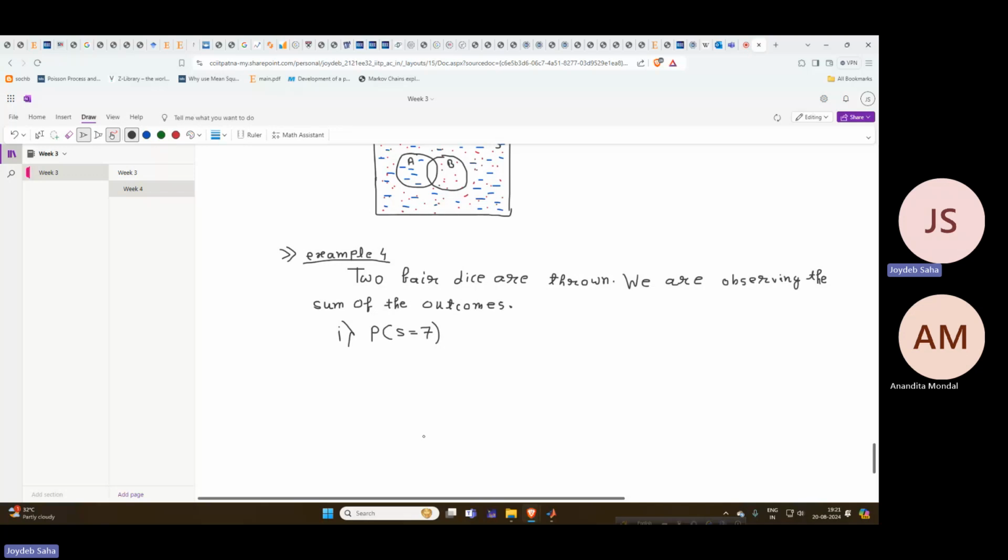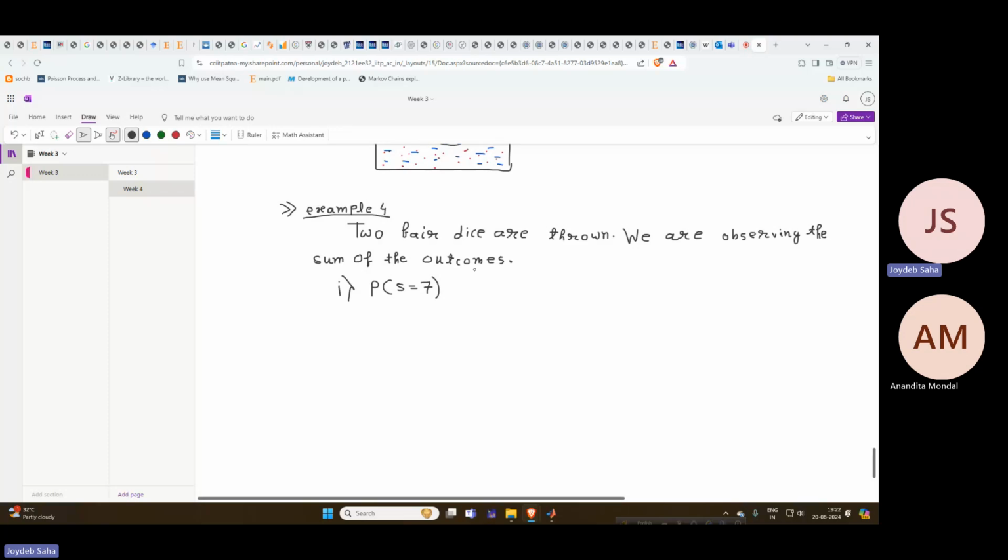This is the first question. So let us solve this. There are a total of 36 possible outcomes of the experiment.